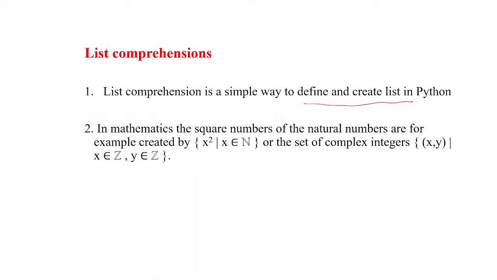Generally in mathematics we use it like this: all elements x square such that x belongs to n. You take each x value from n and square it, and all such elements will be the new set obtained. This is the meaning of this. This kind of notation we can use, and that is nothing but the list comprehension.